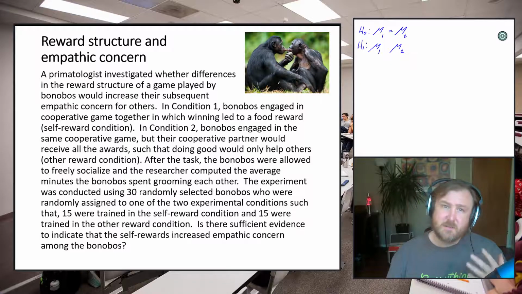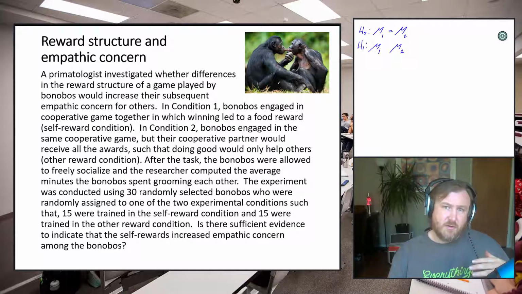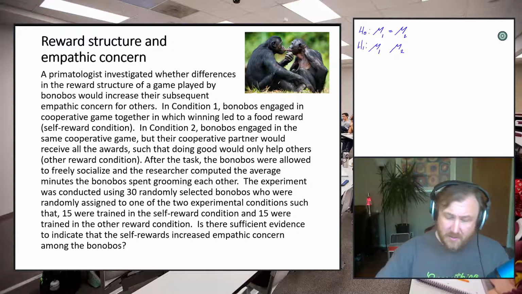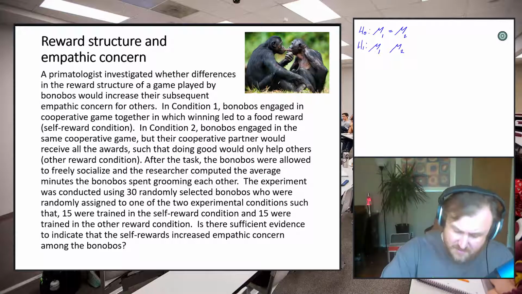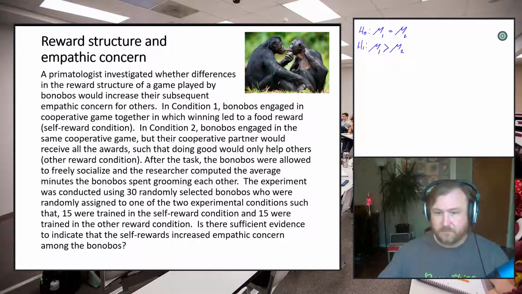Since our dependent variable is the duration that bonobos engaged in grooming behavior after the cooperative game, increased empathic concern would mean a longer duration of grooming. So we're expecting that the bonobos in the self-rewards condition are going to have a higher duration than the bonobos in the other reward condition. Because of this, we're saying that mu1 is greater than mu2.